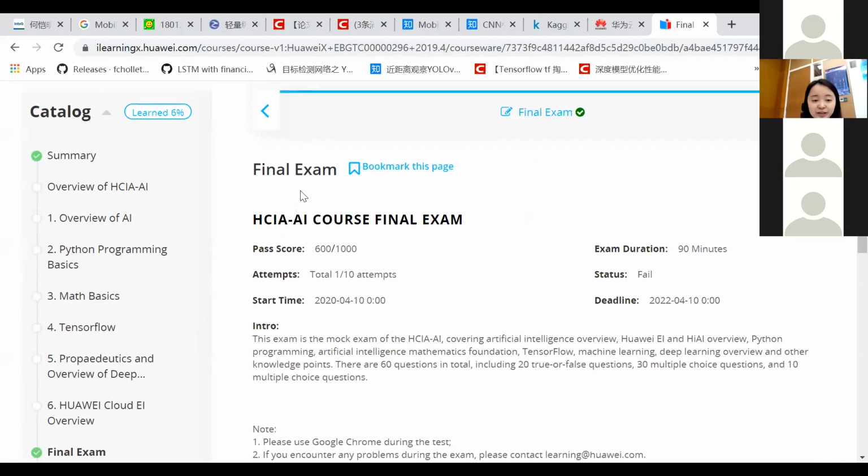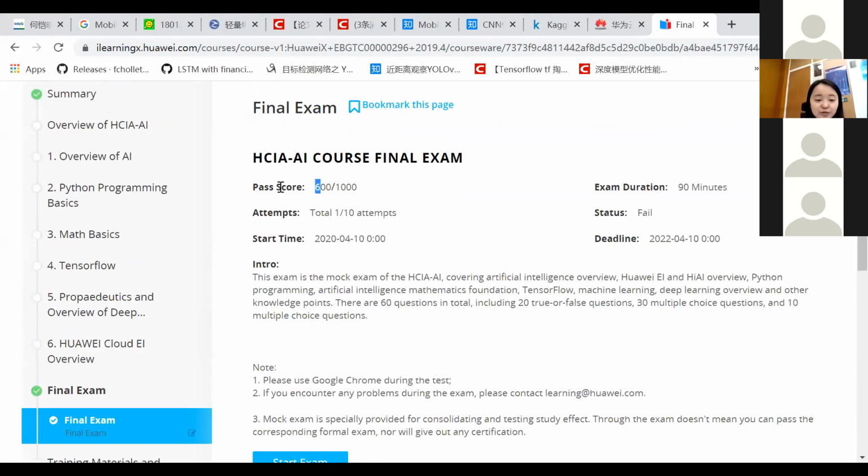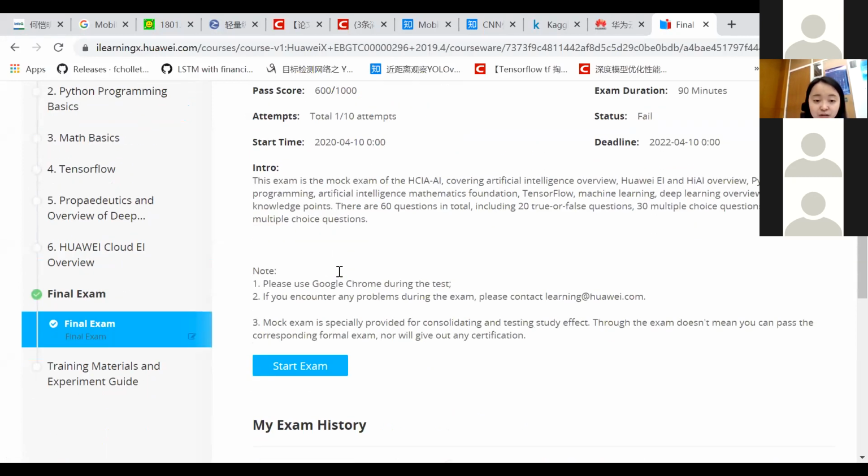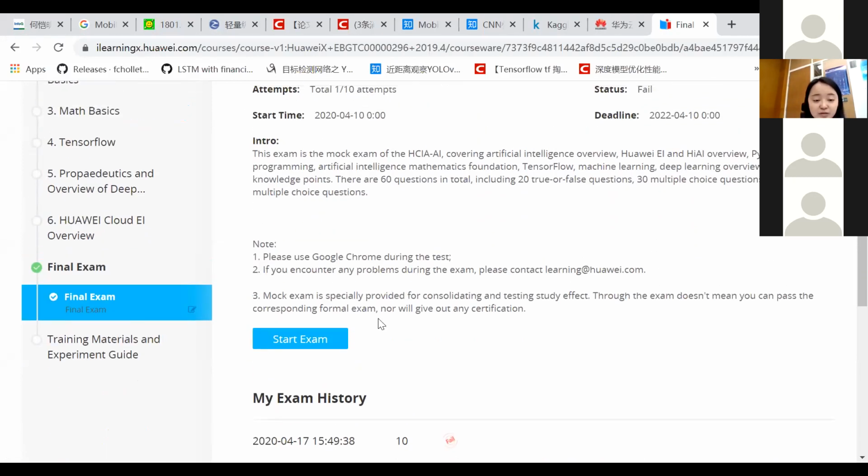Here is the final exam, and you can see the pass score, 600, and the duration, and start the exam.